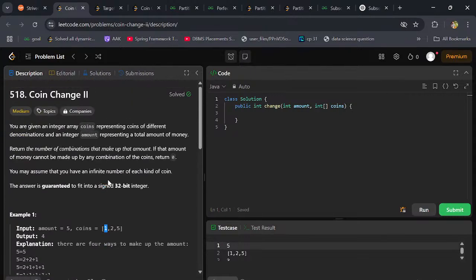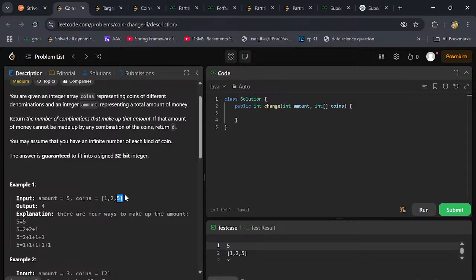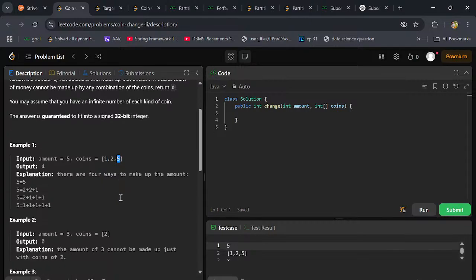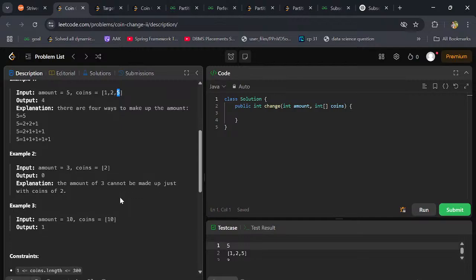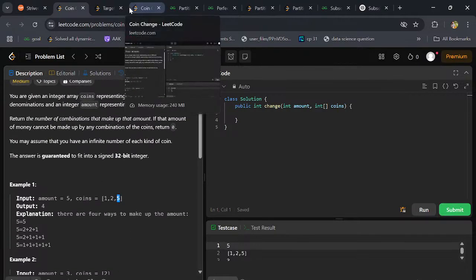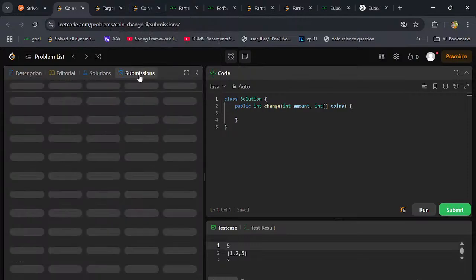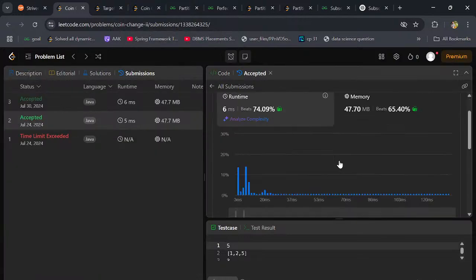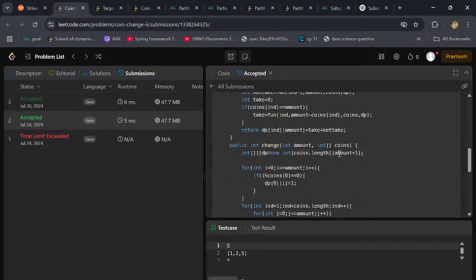Okay. What you were doing before, you got the math.min every time. Here you will return take plus not take. That's it.